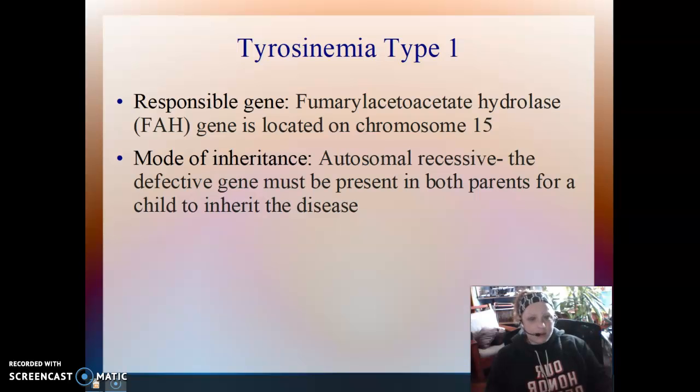If we look at a Punnett square with an unaffected allele as capital A and an affected allele as little a, when we put two individuals together, if we get the double little a, those are going to be our affected individuals, and the others will either be unaffected or carriers.